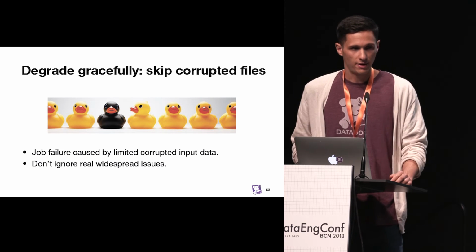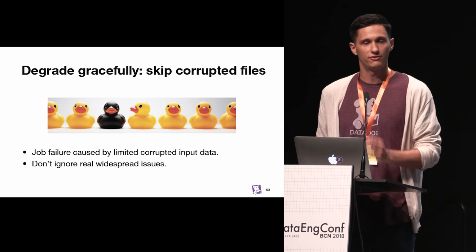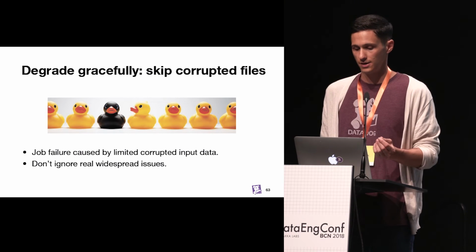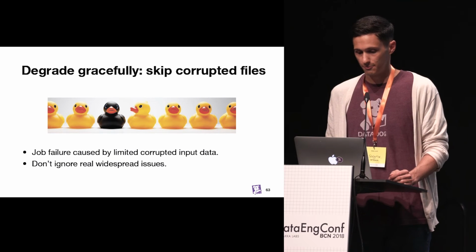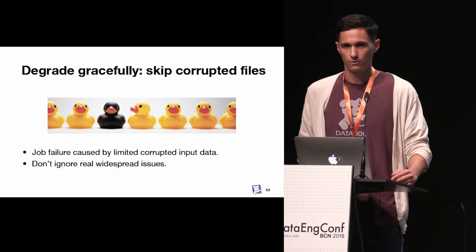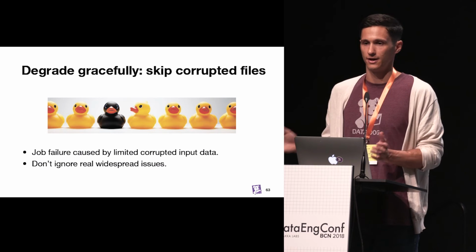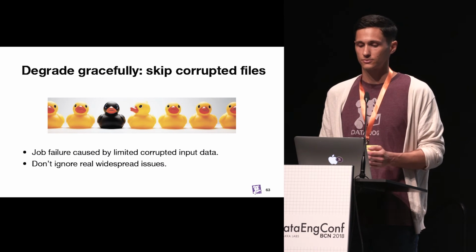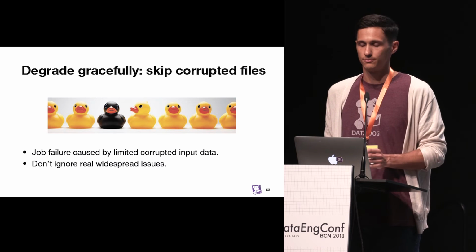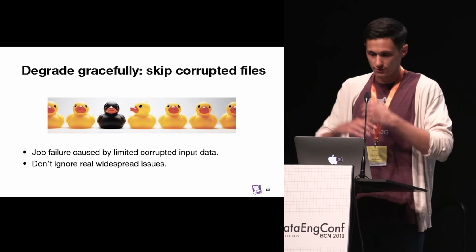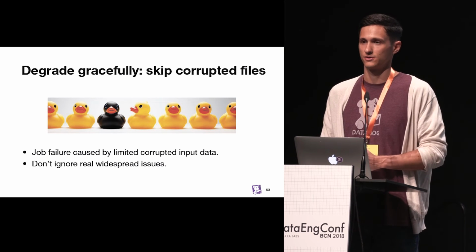Another issue we've seen in our pipeline is that sometimes we have a very small number of corrupted files, and these files would make the whole pipeline fail, which doesn't really make sense for us. We prefer to have most of the data good for all customers, and only a few metrics affected by the issue, rather than failing the whole job and affecting all customers.